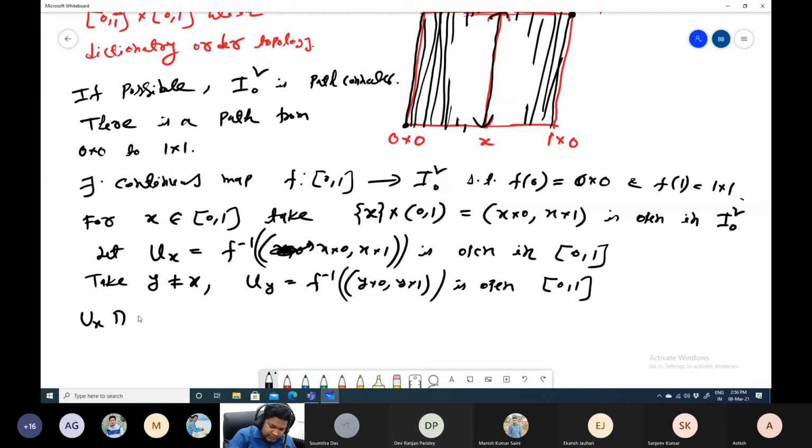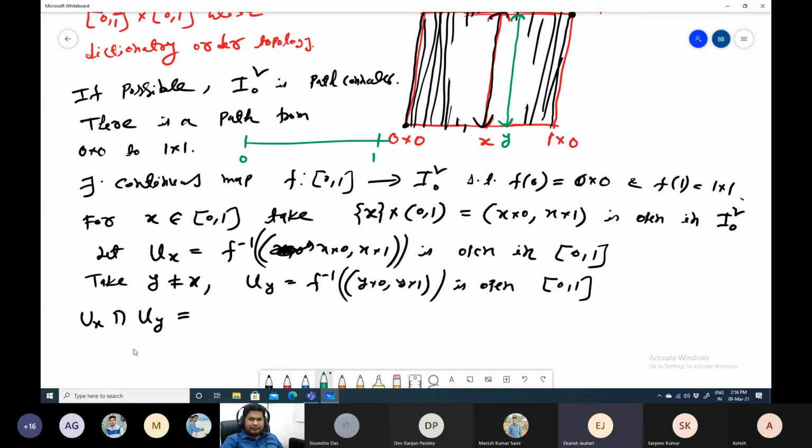Now U_x intersection U_y. Can you tell me what this intersection is? It should be empty, right?